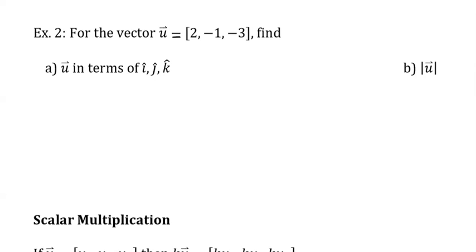That's how easy it is. Magnitude of u: 2 squared plus negative 1 squared plus negative 3 squared. I believe that works out to root 14. 4 plus 1 plus 9, 14.